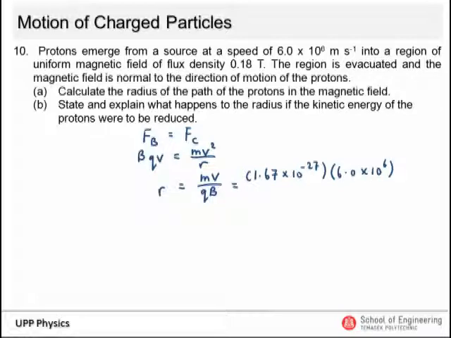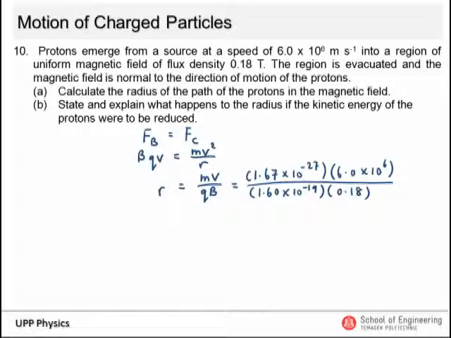Take note, we have to put all these quantities in SI units. Then we divide this by the charge q of the protons, which is 1.60 times 10 to the minus 19 coulombs. And the magnetic field is given as 0.18 Tesla.